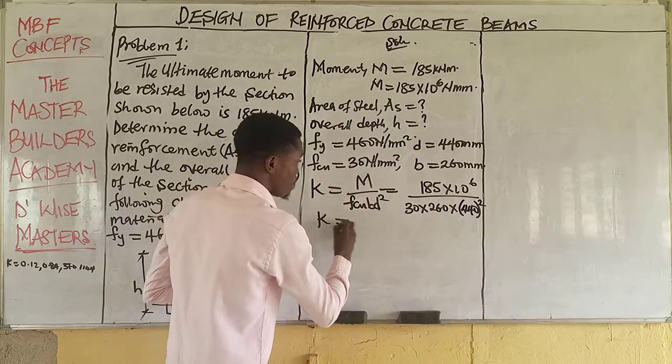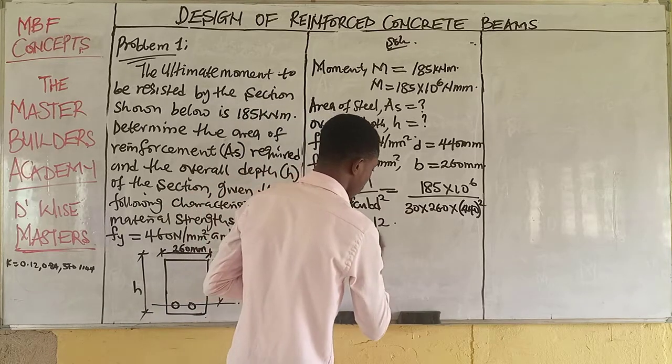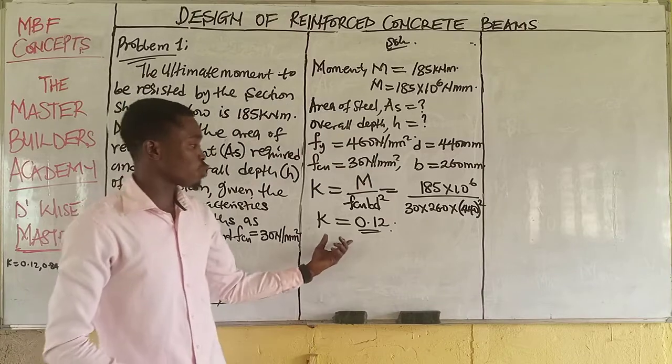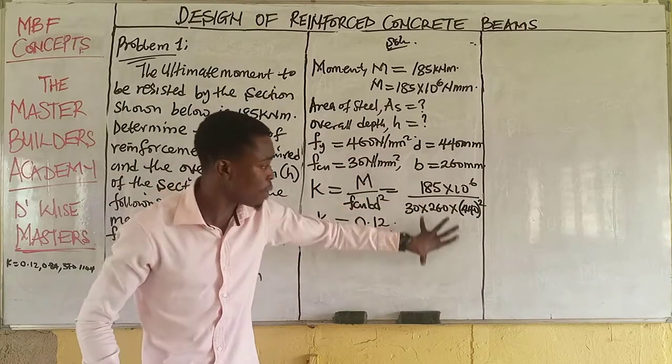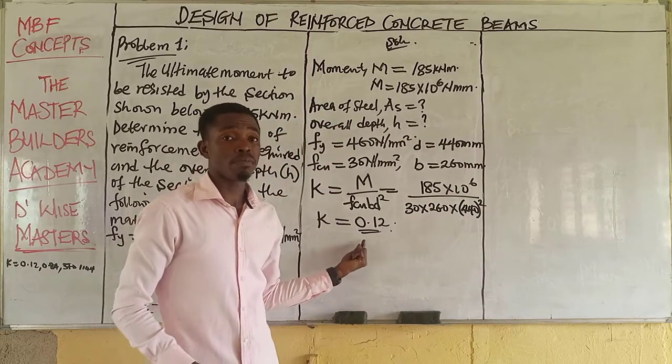And when I compute the value of K from here, we will have this to be 0.12 approximately. When you substitute into this formula and simplify this, this is the outcome.